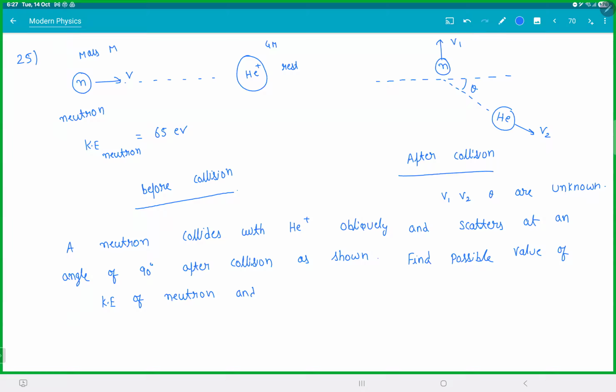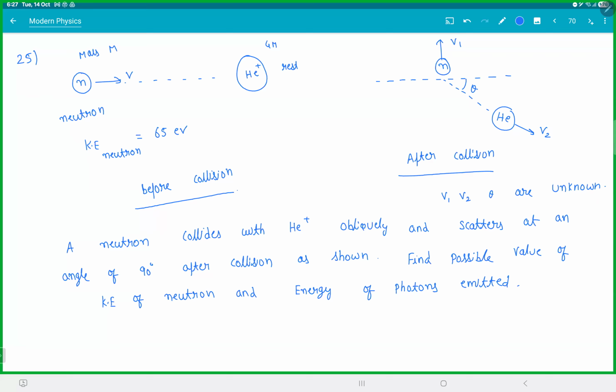And the frequency of the photons emitted, or energy of the photons emitted. So after this collision, how many different photons can come?